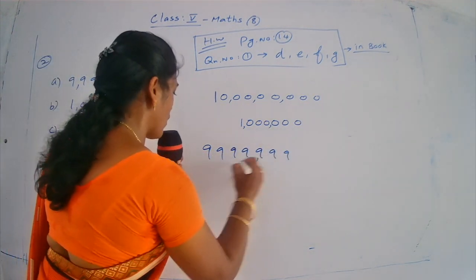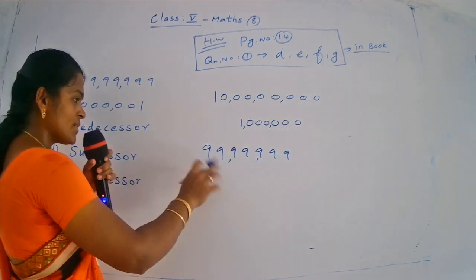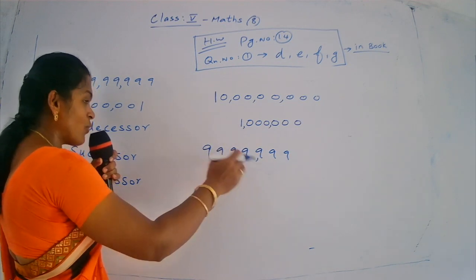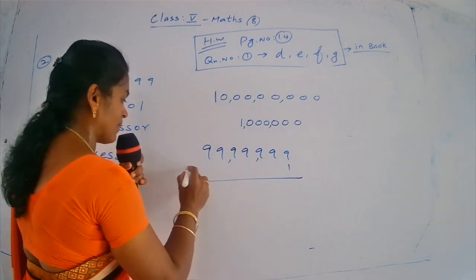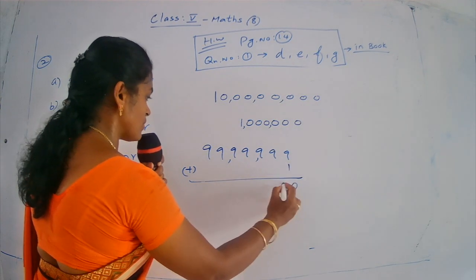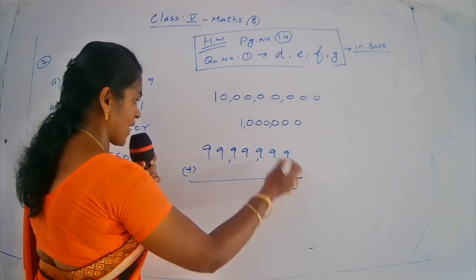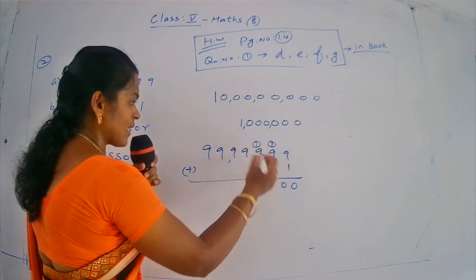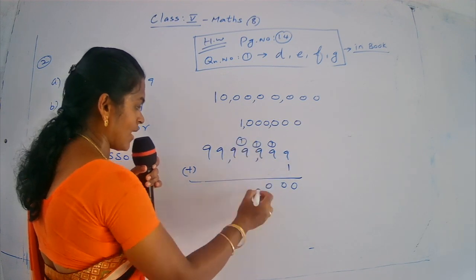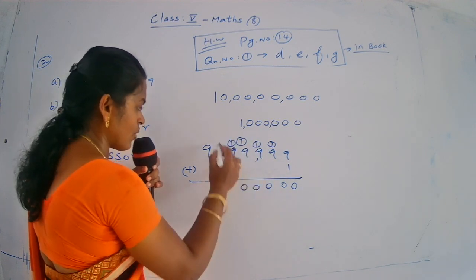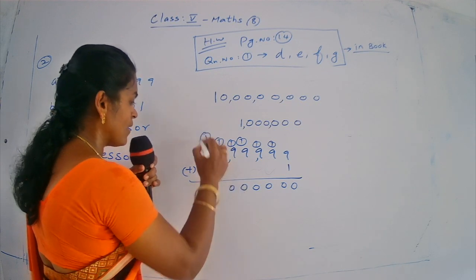99 lakh, 99,999. What is the successor of this number? Successor means adding 1 to it. Now you add 1. 0, 0. That is 10, so carry. Okay, children. Carry. Then 10, 1 carry. The remaining is your answer.